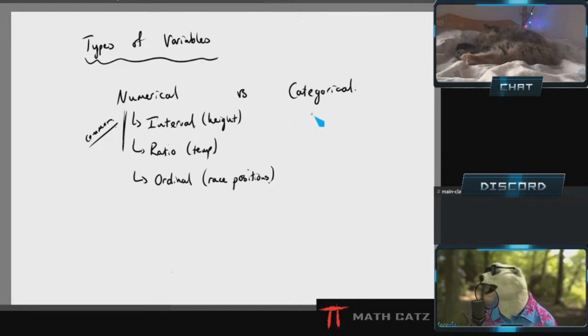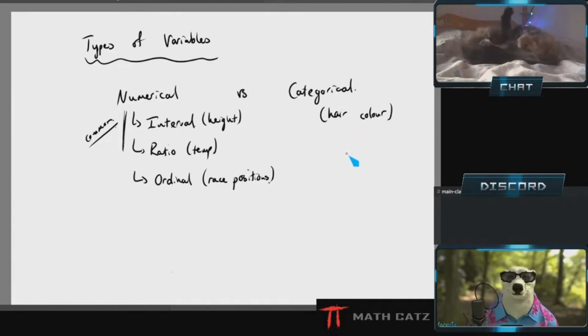Or you could think of a categorical variable maybe as hair color, where I can maybe measure color. That's really not the point here. I'm going to have classifications of color in a basic sense: brown, blonde, black, red, and so on. How I handle this variable is going to be quite different from a numerical variable.